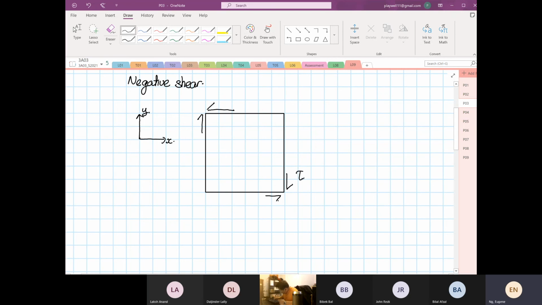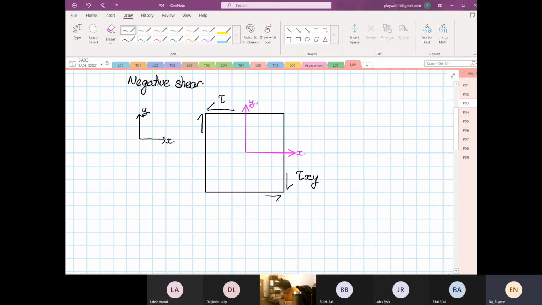If I were to draw our planes for the transformation, the center again, this is our X and this is our Y. Over here, this is shear. The intersecting plane for the arrow is X, and the shearing stress direction is in the Y direction.